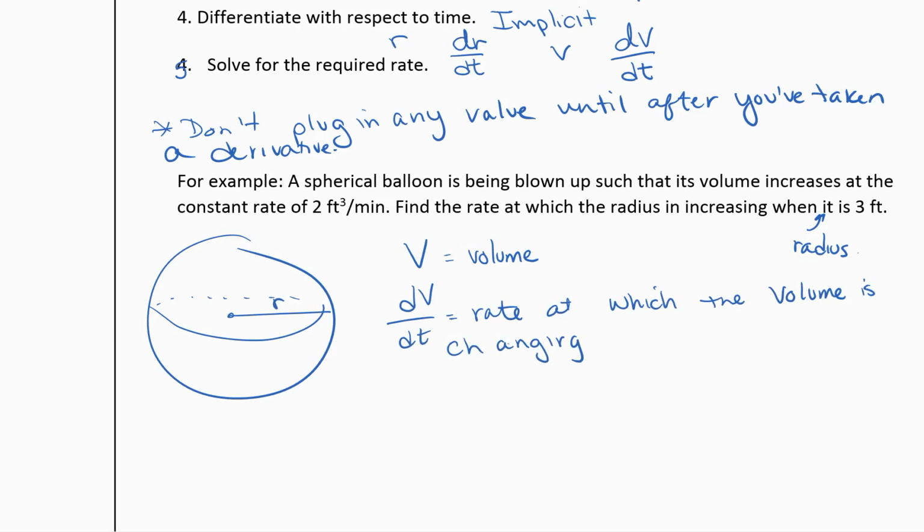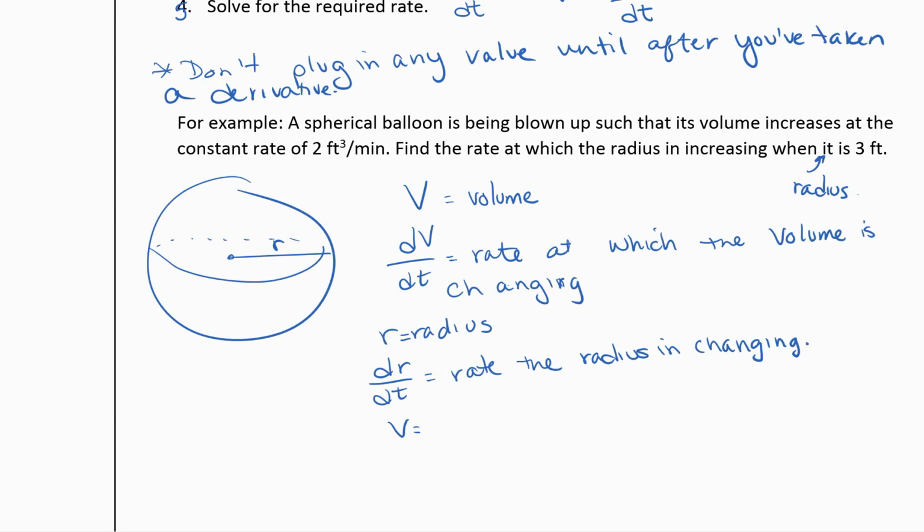And we have the radius of the balloon, so dr/dt will be the rate the radius is changing. Now our formula here is going to be the formula for the volume of a sphere, and that volume is 4/3 pi r cubed.